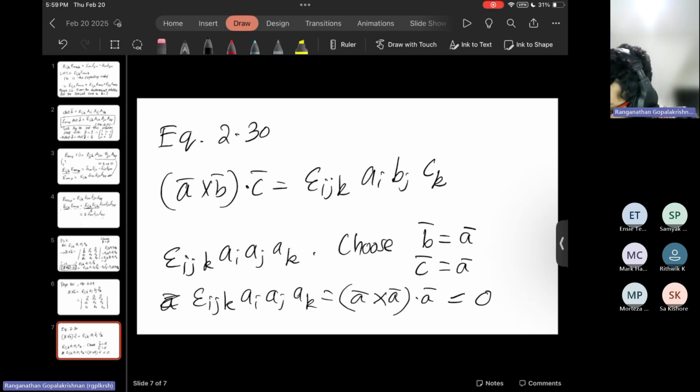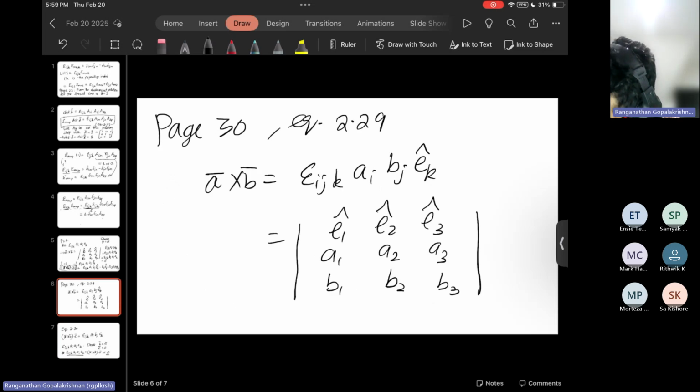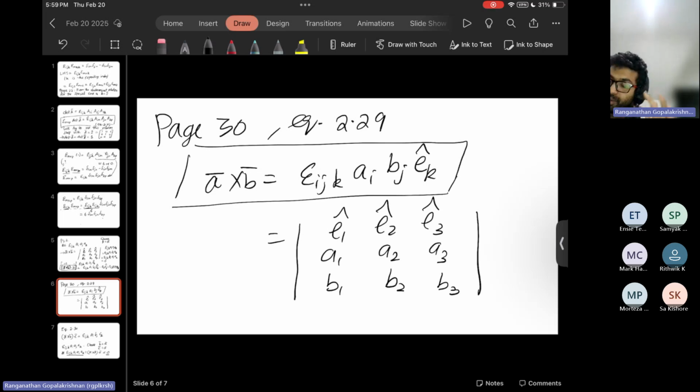So epsilon ijk ai aj ak is 0. This is a useful result to remember: A cross B is basically the permutation symbol with the components of the two vectors multiplied by the third direction K, so epsilon ijk AI BJ EK.